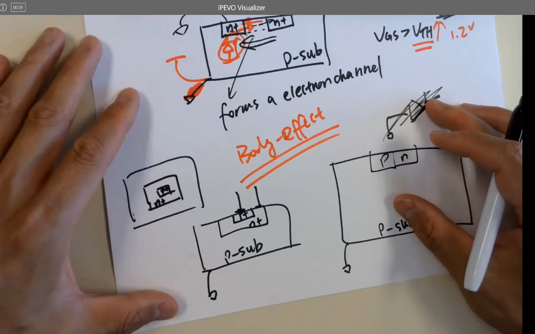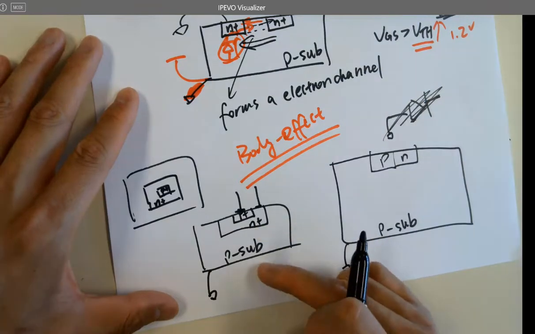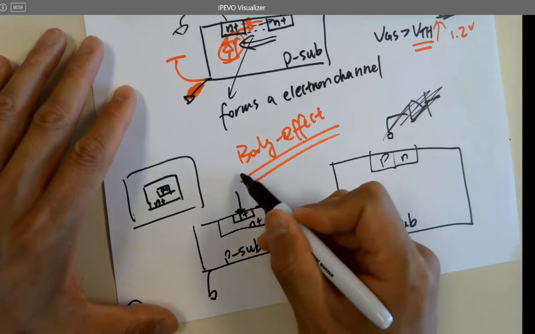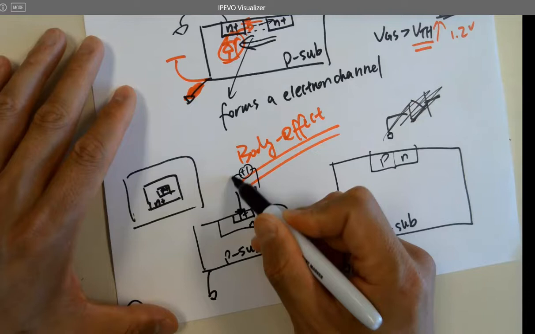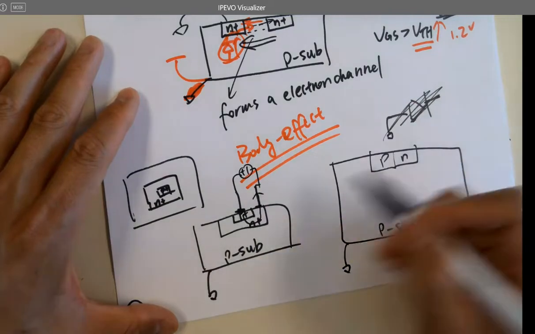If you ground P here, is it going to affect anything? No. So if you give a power supply here, it's going to just make a current that way. It's going to be a perfect diode.